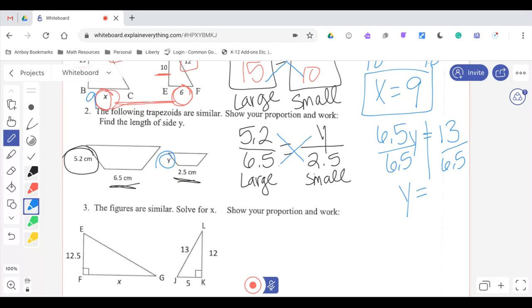So if I look at my larger triangle, my 2 sides are 6.5 and 5.2. So I should have a number that's smaller than 2.5. So if I take 13 and divide it by 6.5, I get 2, which makes sense. And they did give me a unit on this one, so I want to make sure I include that it's centimeters.